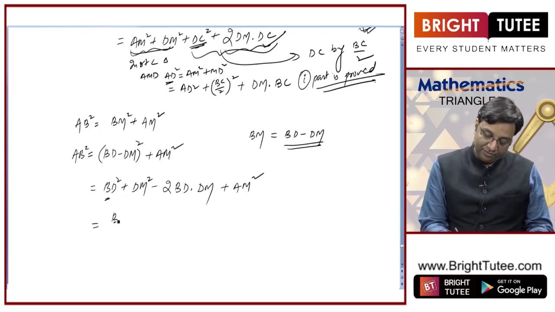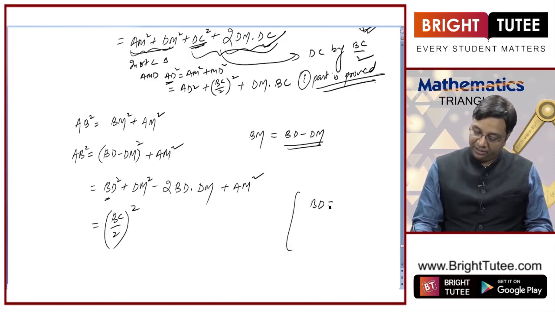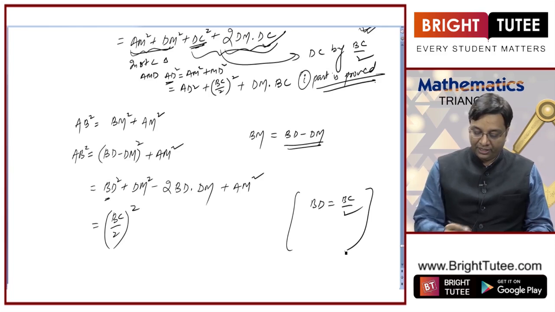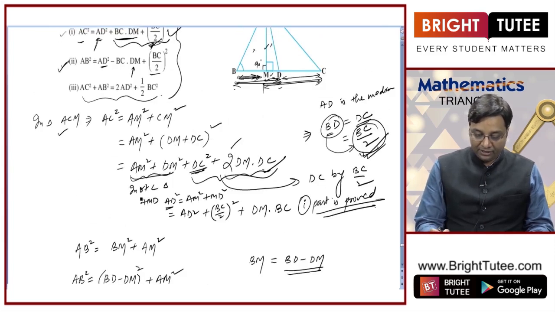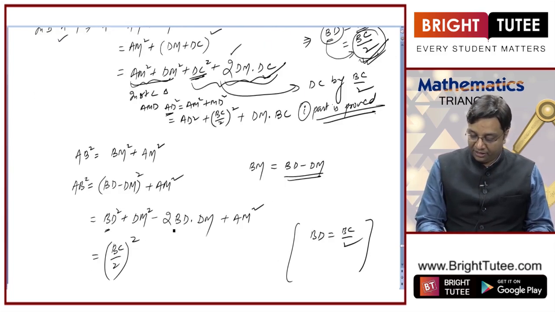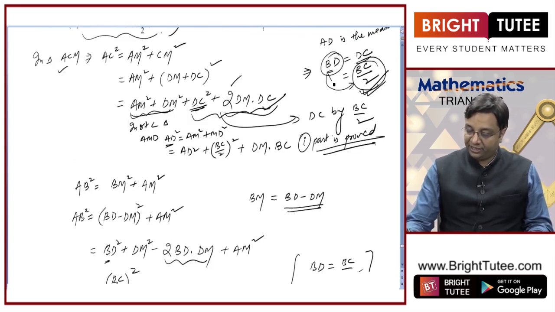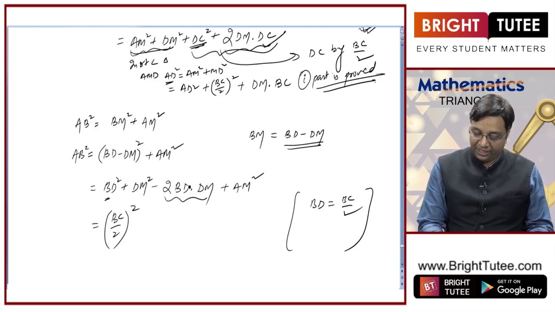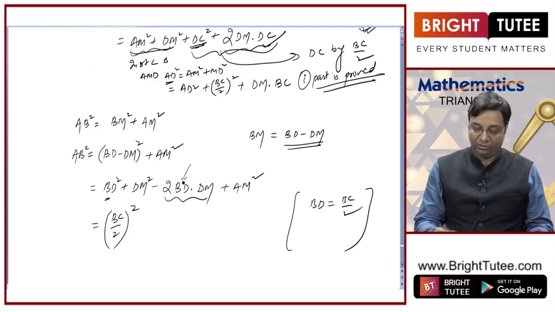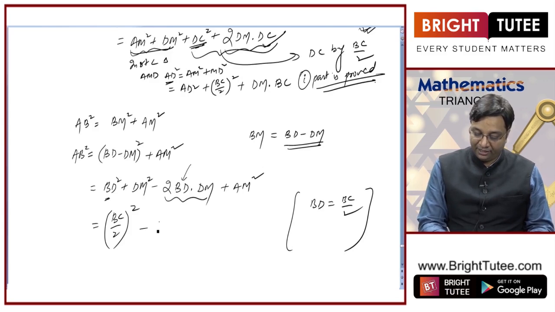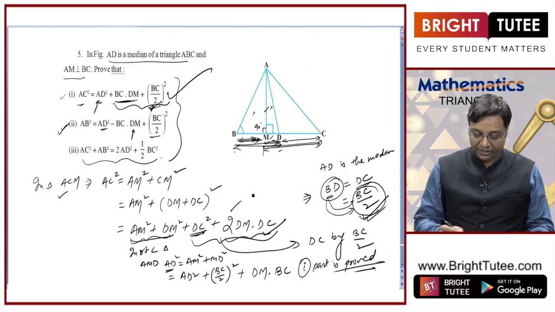So I can write it BC by 2 whole square. Now in here, twice of BD into DM. BD is nothing but BC by 2. So if I replace this BD by BC by 2, 2 will get cancelled here and it will give me BC into DM, right?